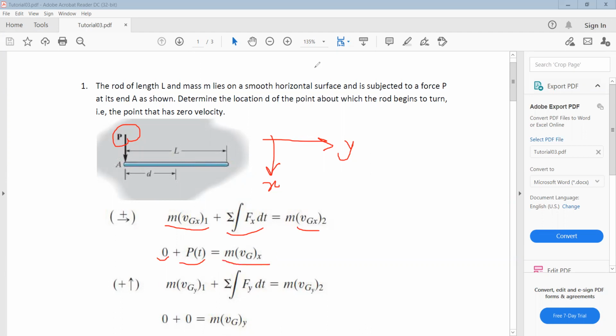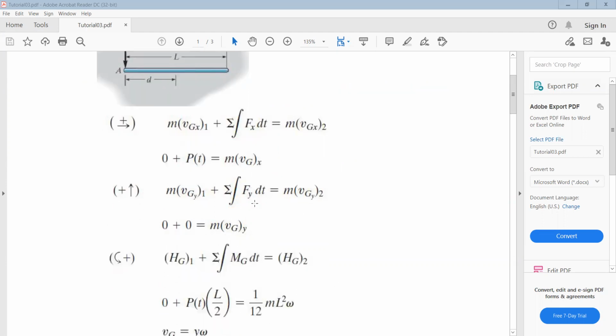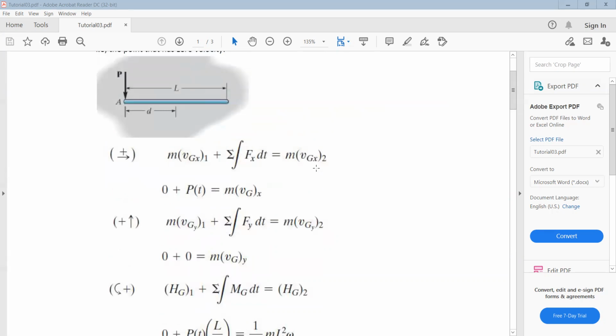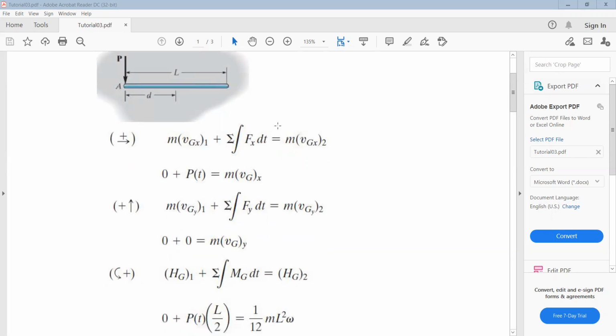The next step, we write the impulse momentum equation in the y direction, which here we assume is the horizontal direction. The initial momentum, mass times velocity, is 0 because the rod is initially at rest.